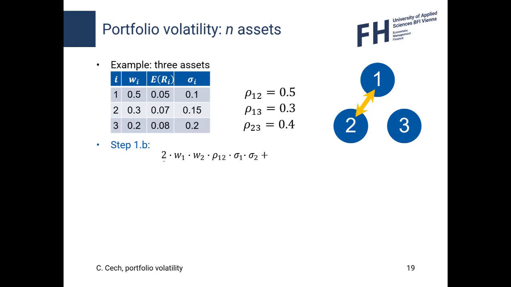Let's start with the first possible combination, 1, 2. We must calculate 2 times W1 times W2. We find these values here, times the correlation between 1 and 2, which you can find here. It is 0.5 times sigma 1 times sigma 2.